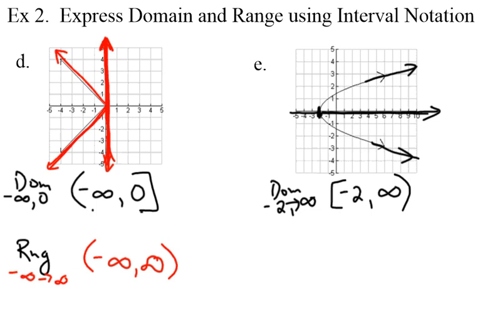Infinity is always open. If I were to do set notation, x such that, excuse me, what do we want for our x values? We want to start at -2 and go up forever. So our x's have to be greater than or equal to -2, and x is a member of the reals.